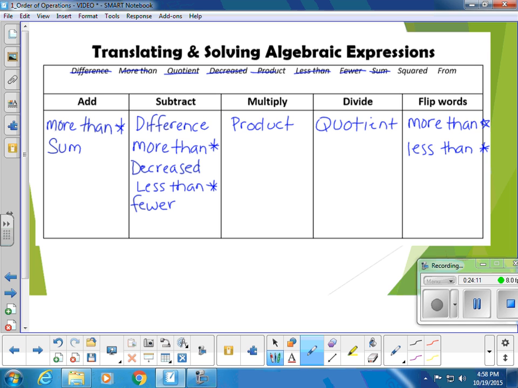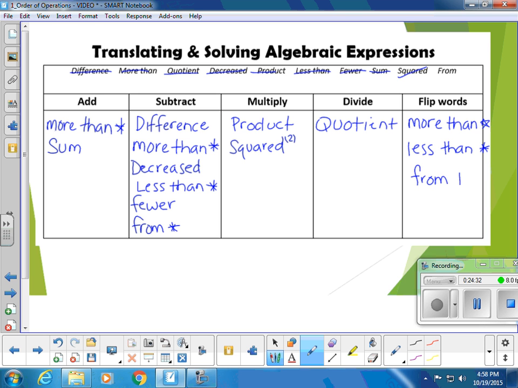Squared goes under multiplication because that means a little tiny 2, remember? And then from is another fancy word that triggers us to subtract, and I'm going to have you write that under flip words.